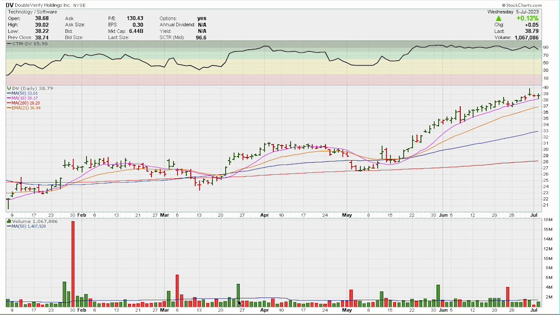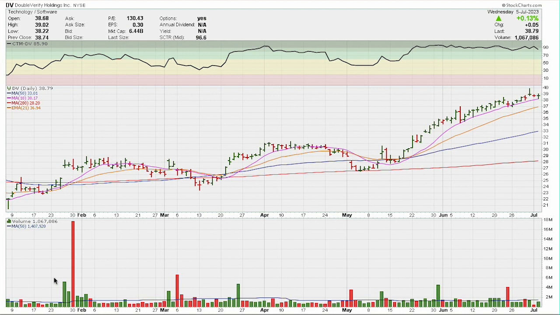That is either Fidelity or T. Rowe Price or whoever. This tells you that there is some institutional buying coming into this stock, and simultaneously it breaks out of a basing area. It had a sideways move, pulled back again, but then the institutional investors came back in here. This company is called DoubleVerify.